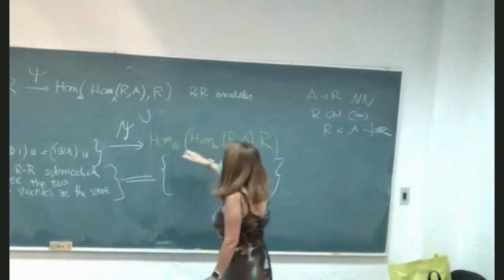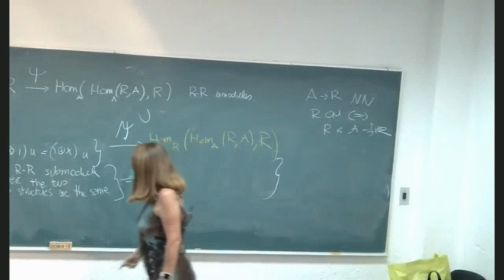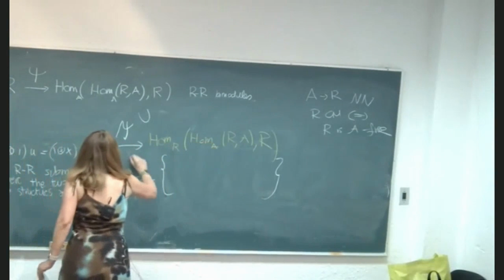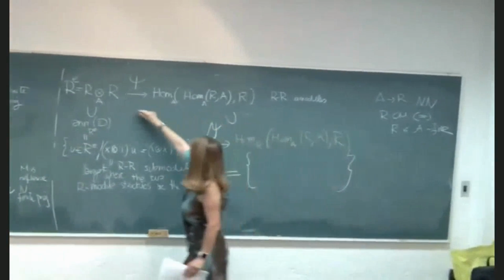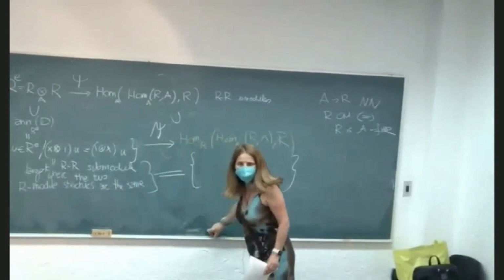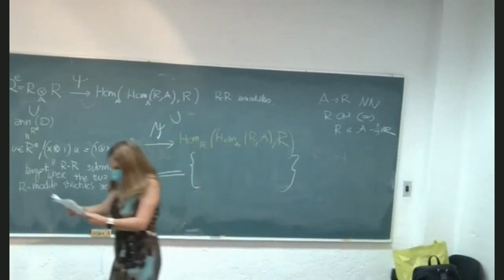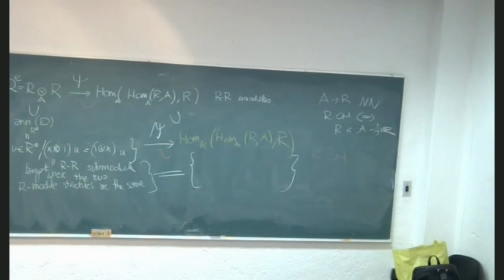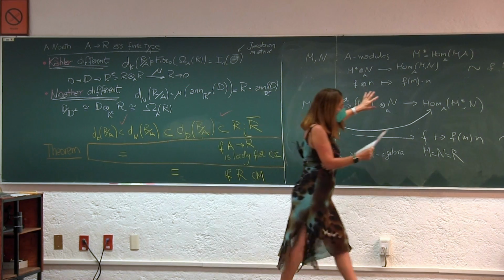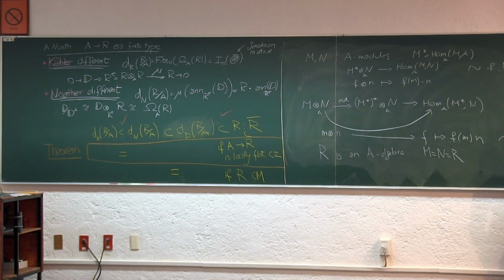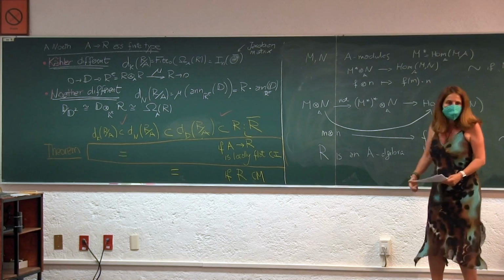Remember that when you have Noether normalization, R is Cohen-Macaulay if and only if R is A free. So everything is true. If R is Cohen-Macaulay, this is an isomorphism, because this is an isomorphism as well. They're all isomorphisms.